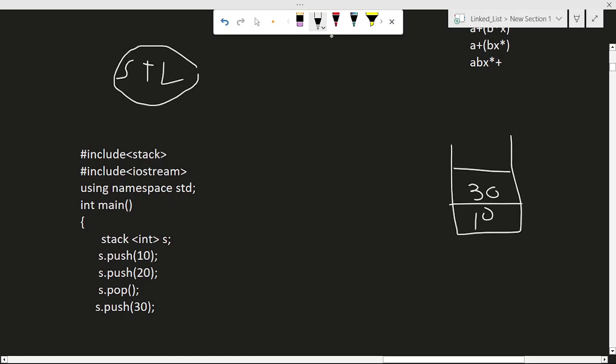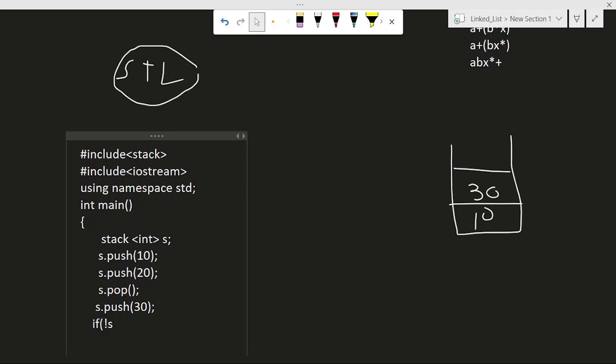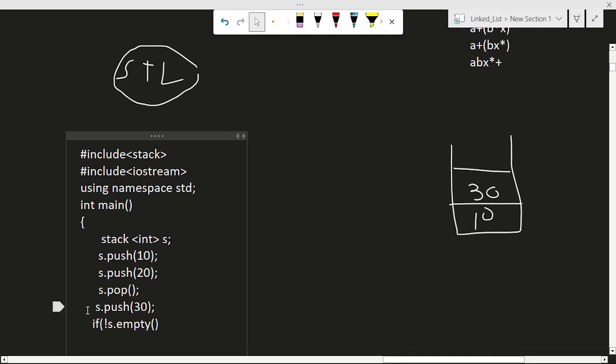Now what you do is, if the stack is not empty, that means the stack isn't empty. See, s.empty() will give you a boolean value, true or false. If the stack is empty, then it will give me true. So I need to check if it is not empty.